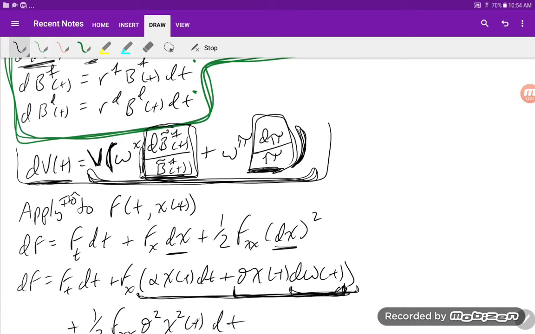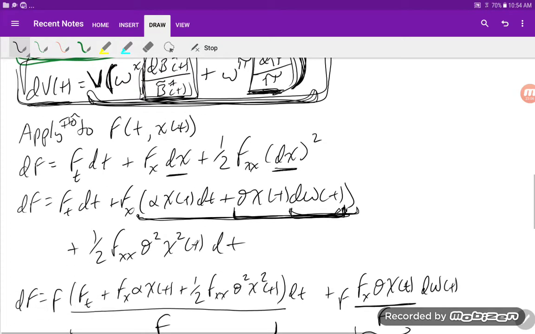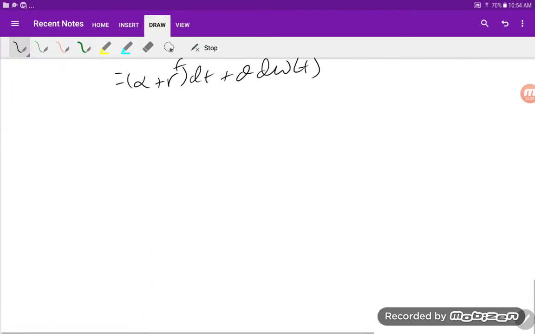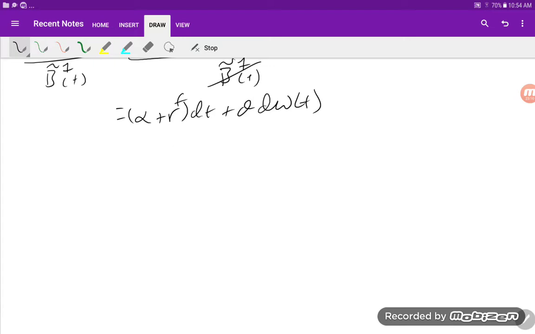All right, so let's get these into the wealth process now. Let me just write this down here so you don't have to keep pausing or jumping back in the video. So again, we had dV equals V times the weight in the underlying db tilde f over b tilde f plus the weight of the claim times d pi over pi.